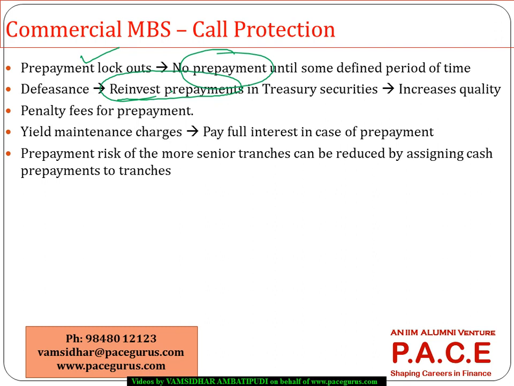If it is like a 5, 4, 3, 2, 1 kind of ratio, it may be 5% in the first year, then 4% in the next, and so on. After the 6th year, probably the prepayment penalty may not exist at all. So even that is a way you can stop prepayments happening on the security.